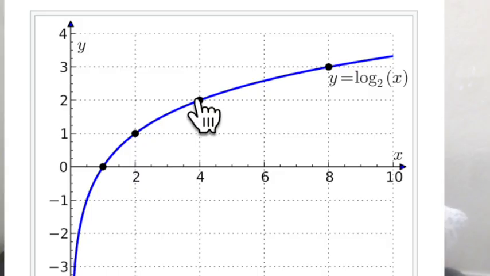And that means that 4 is the second power of 2, so 2 to the second power is 4. This position on the graph, on this curve, is 2, 1, which means that 2 is the first power of 2.